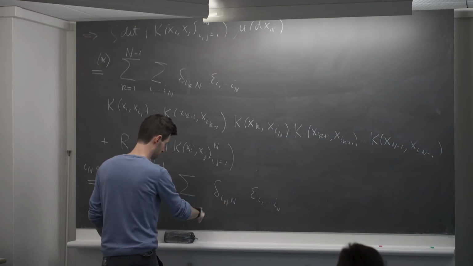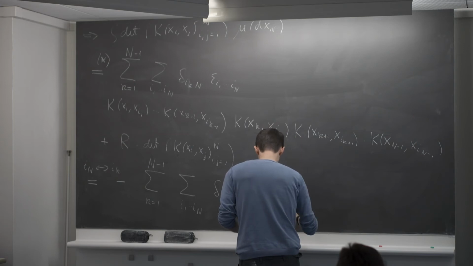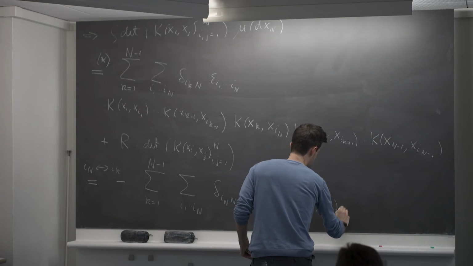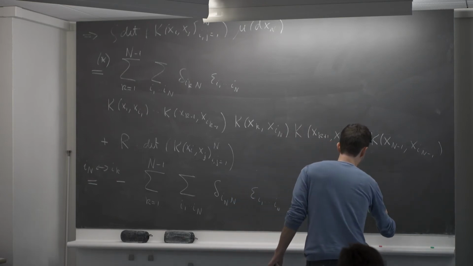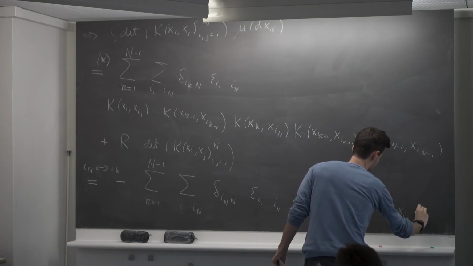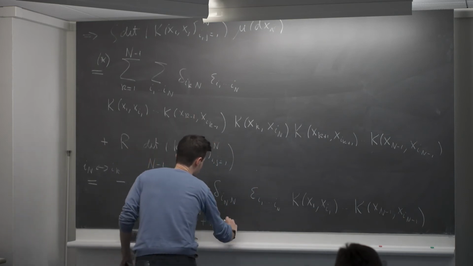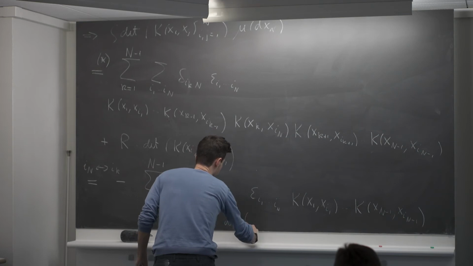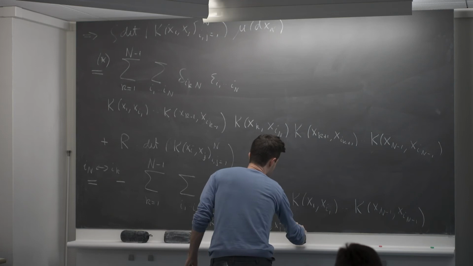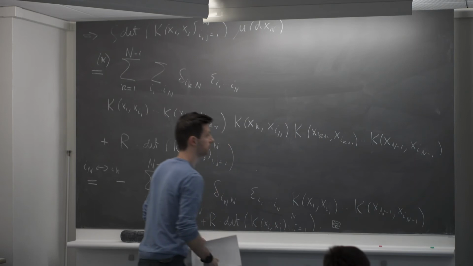So the sum over in is kind of gone, and then I have x1, xi1, k, xn minus 1, xi n minus 1, and plus r times the determinant, and that's the end of the proof.